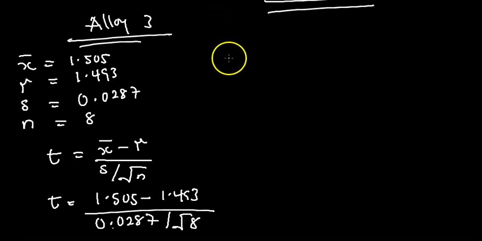At this point, if we deduct 1.493 from 1.505, our numerator is going to be 0.012.